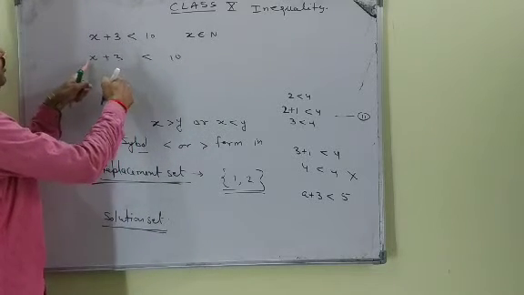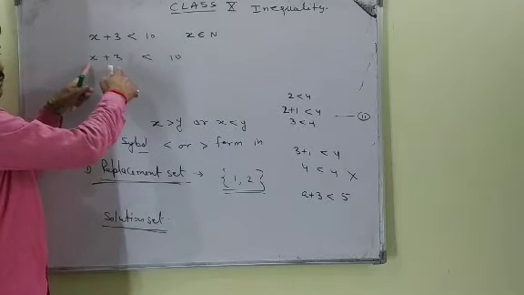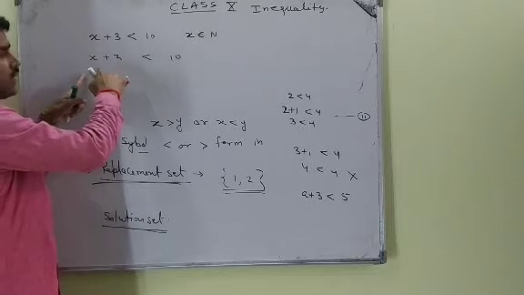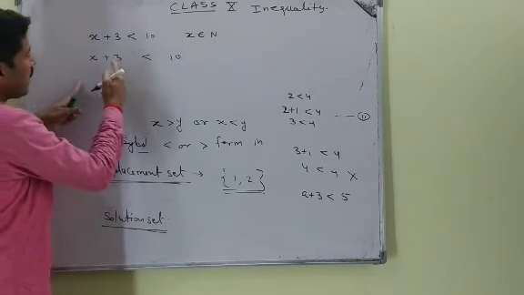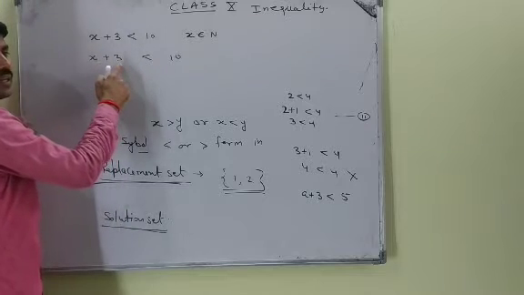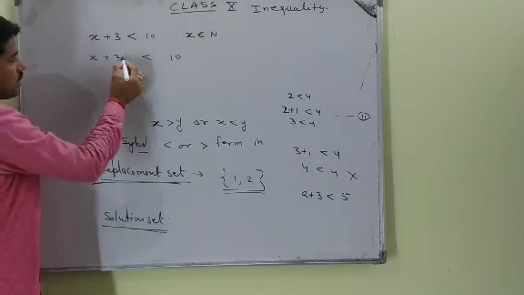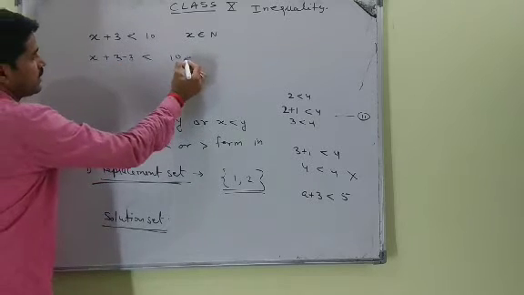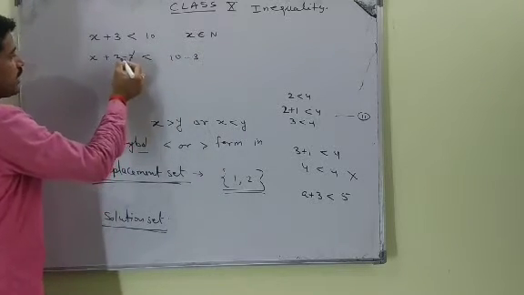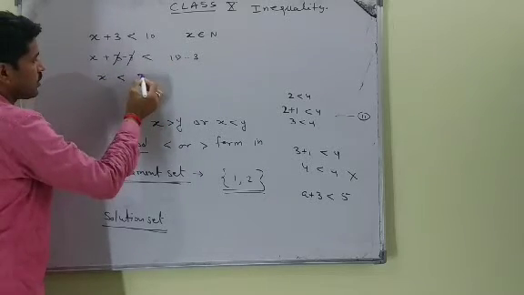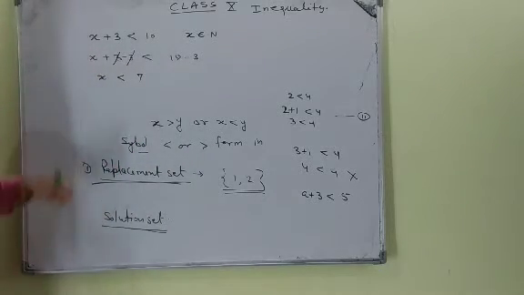We have to remove 3 from the left hand side because we want the value of x. How can we remove 3? To keep only x, we should subtract 3 from both sides. 3 cancels. X less than 10 minus 3 is 7. So what is the solution?